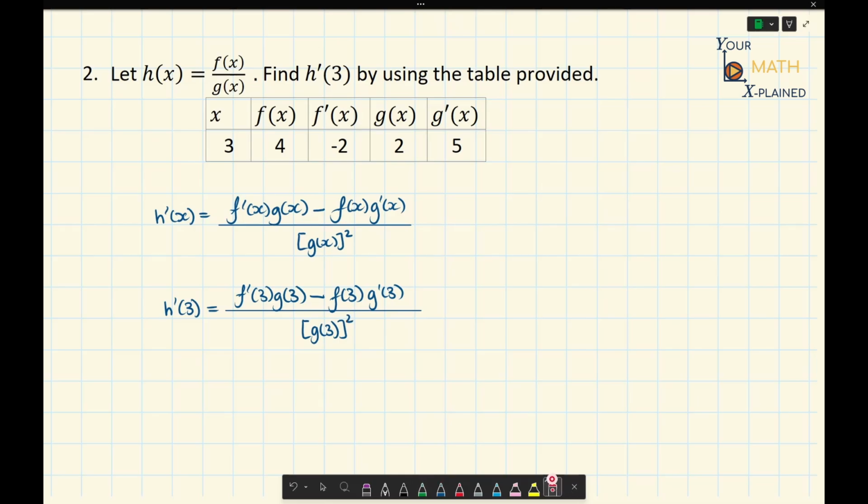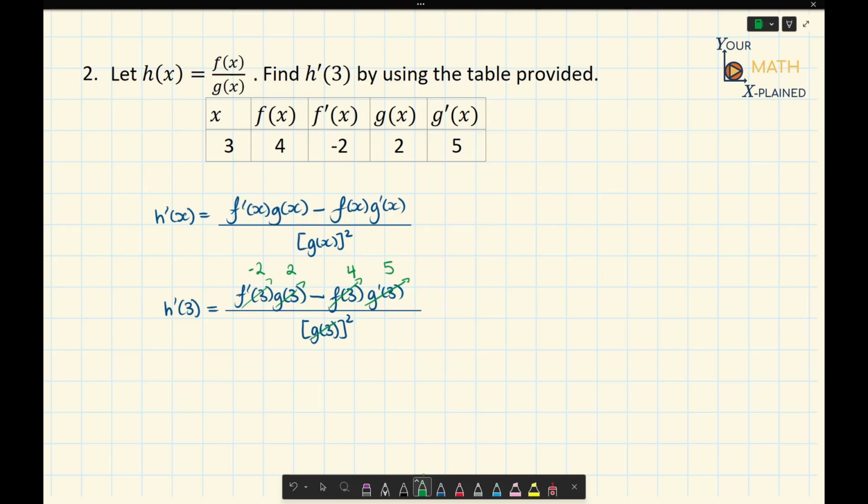So the table here says that when x is equal to 3, these are the values for f, f prime, g, and g prime. So that tells us f prime of 3 is equal to -2, and g of 3 is equal to 2, and f of 3 is equal to 4, and g prime of 3 is equal to 5.